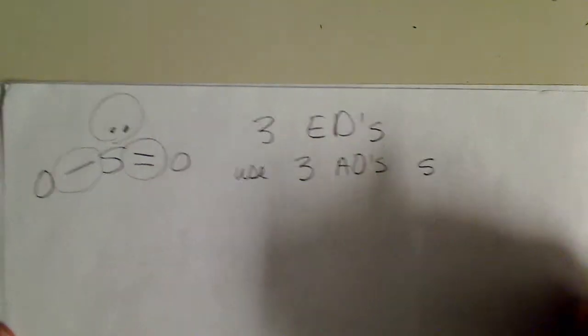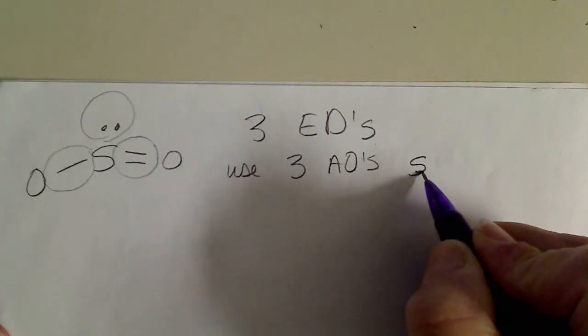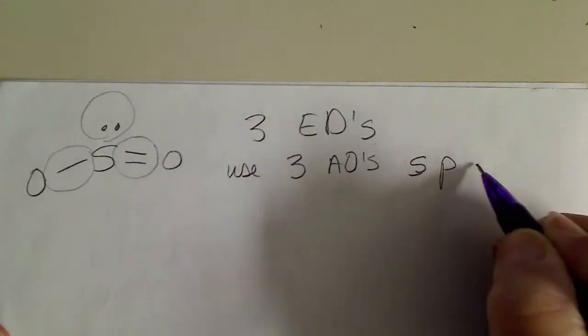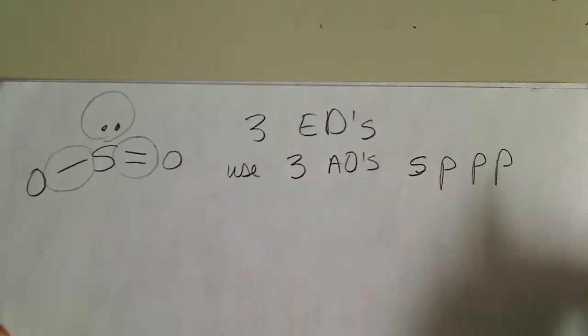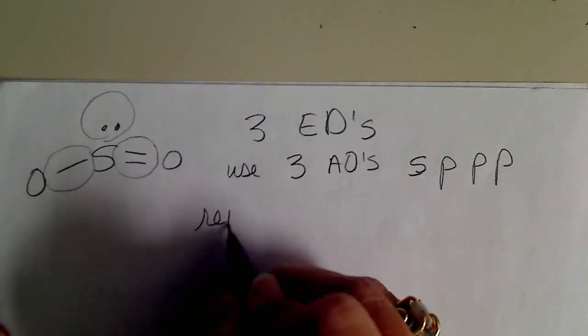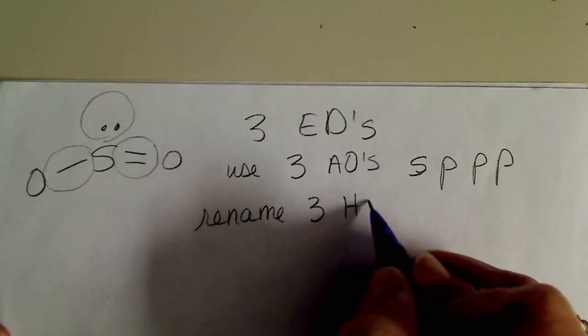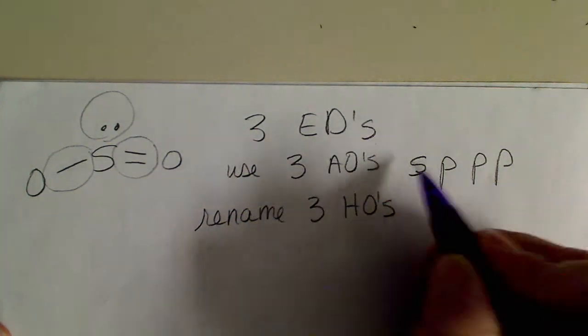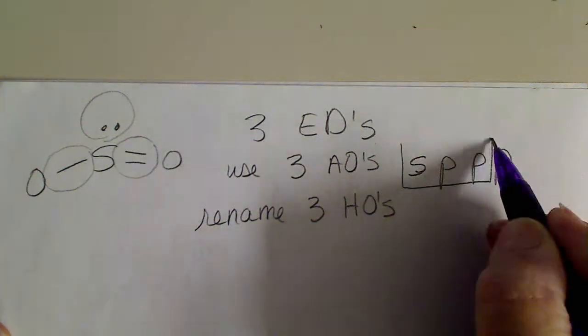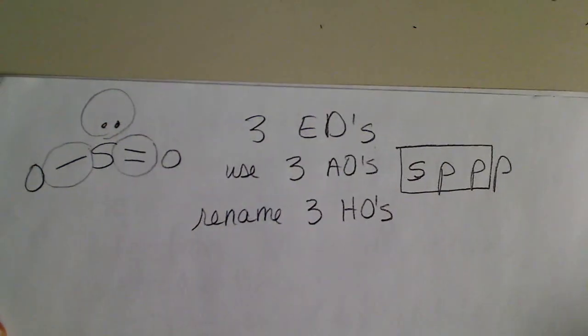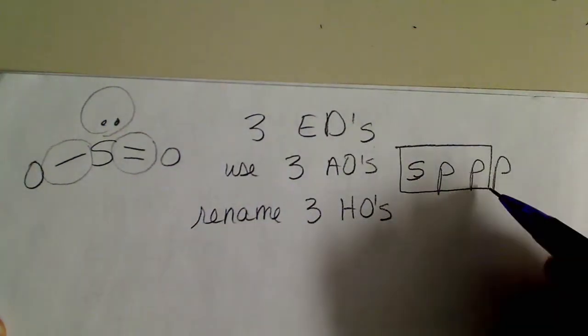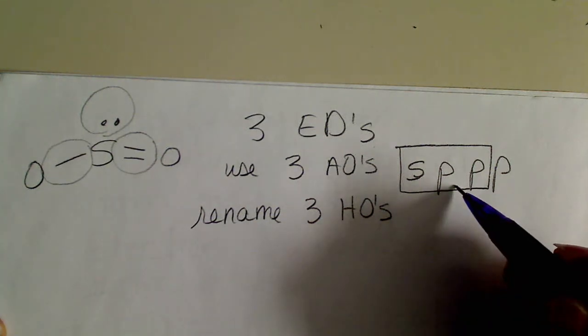So we always have an s, there's always only one of those, and there are always 3 p orbitals, and we're going to rename 3 hybrid orbitals. So again, just so that I keep myself straight, I put a box around the 3 atomic orbitals that are going to be used for hybridization.